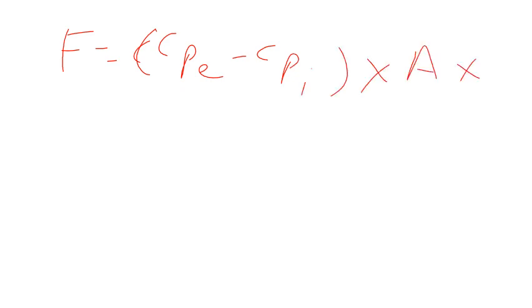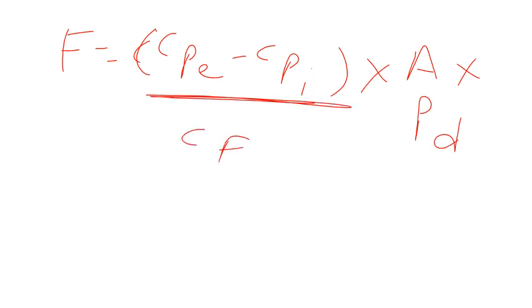So let's rewrite this formula. F is equal to (CPE minus CPI) into A into PD. So this CF is replaced by CPE minus CPI. CPE is the external wind pressure coefficient and CPI is the internal wind pressure coefficient.